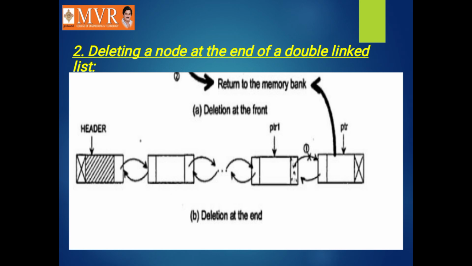That is, the node to be deleted will hold ptr and the previous node will hold ptr1. After that, delete the last node and place a null in the previous node. That is, in ptr1 dot link place a null indicating that it is the last node. Okay, and after deleting the node, return it to the memory bank.